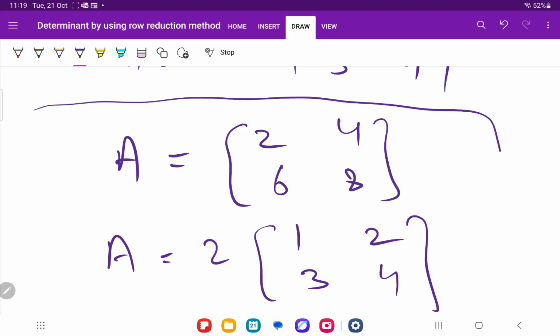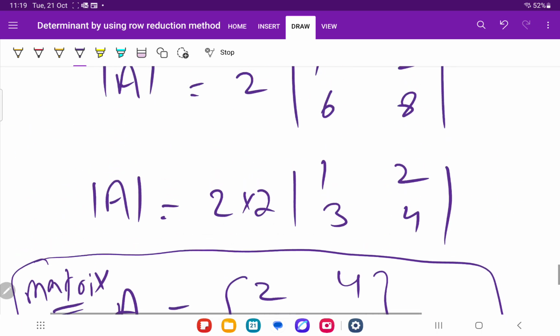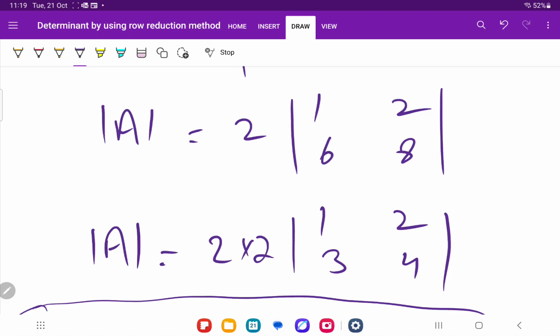So this is the idea of the matrix. But in a determinant this situation won't happen. Only a row or column could be affected, according to whatever your objective is.